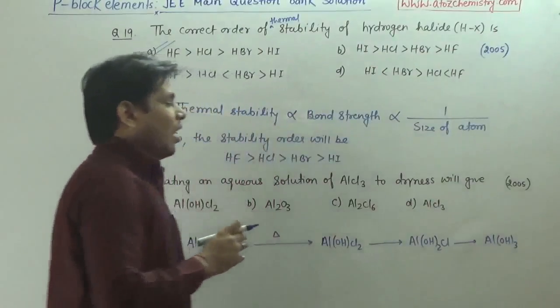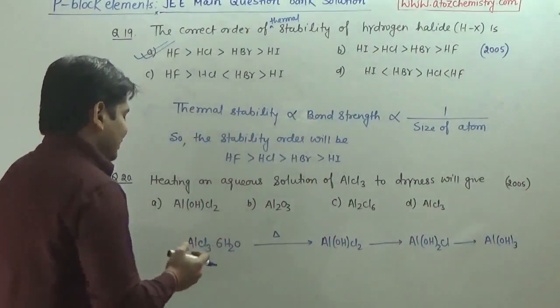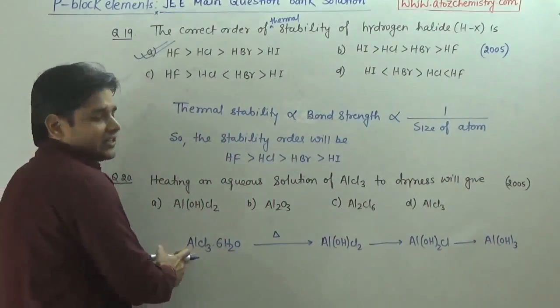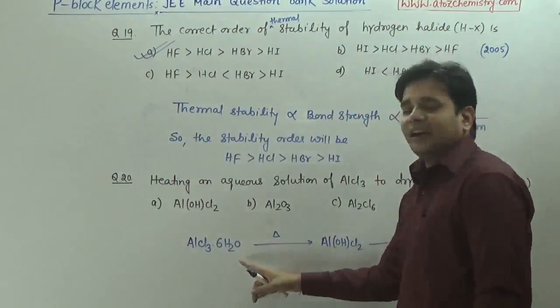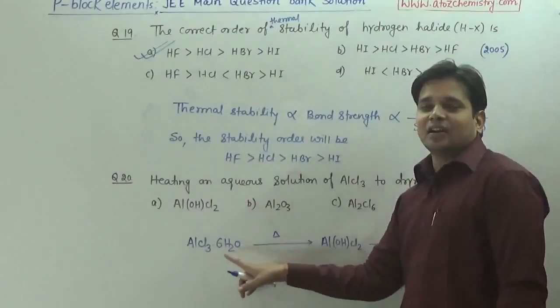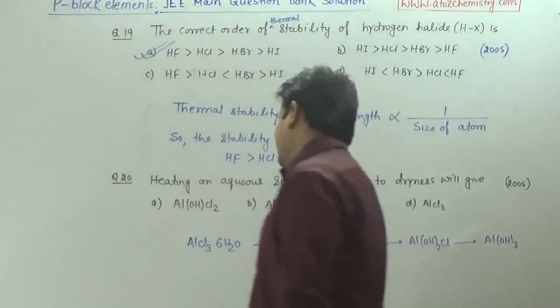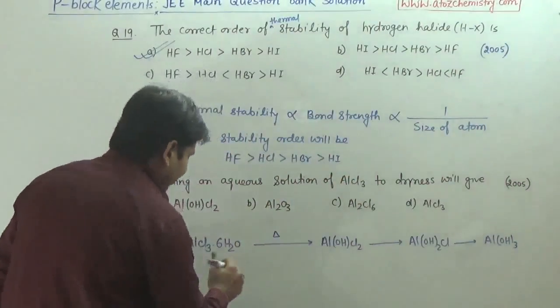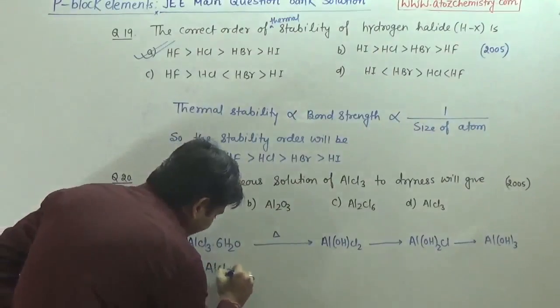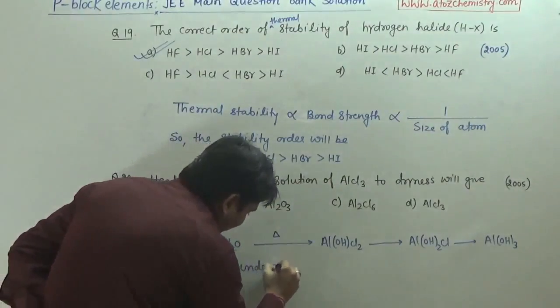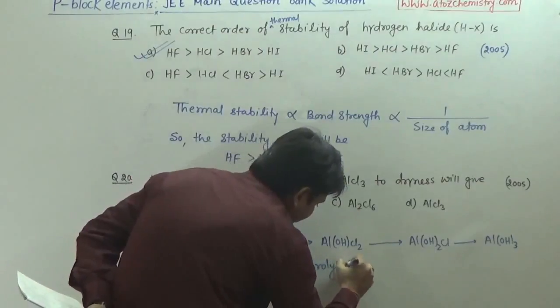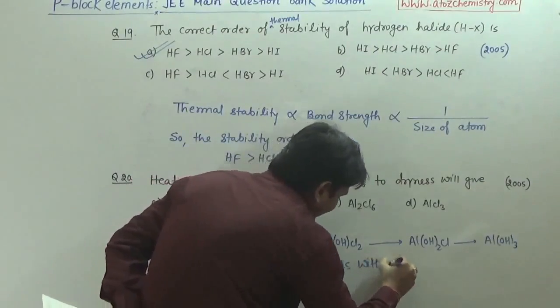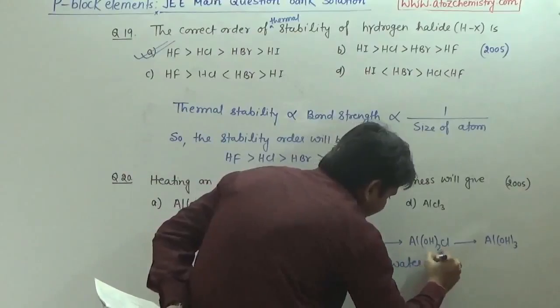Actually, water of hydration does hydrolysis with AlCl3, that's why Al(OH)3 is forming. AlCl3 undergoes hydrolysis with water of crystallization.